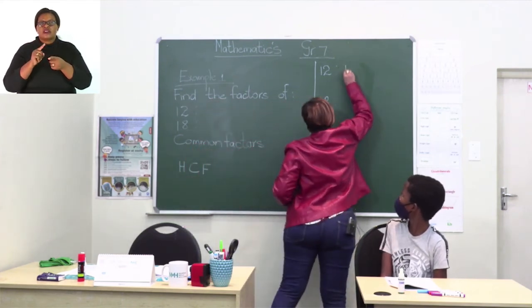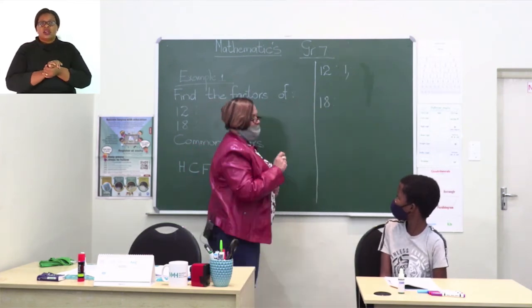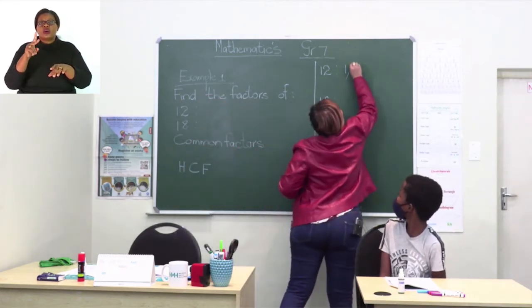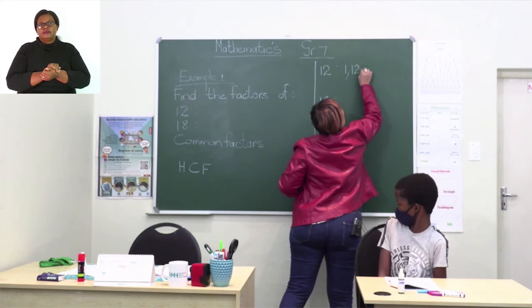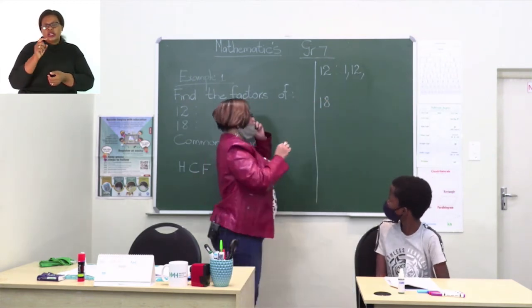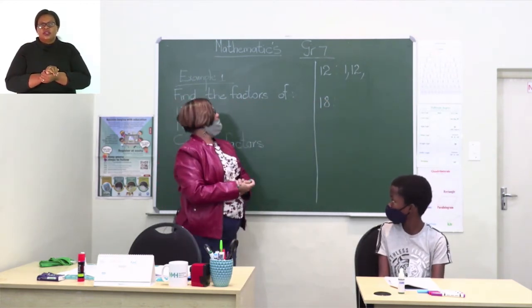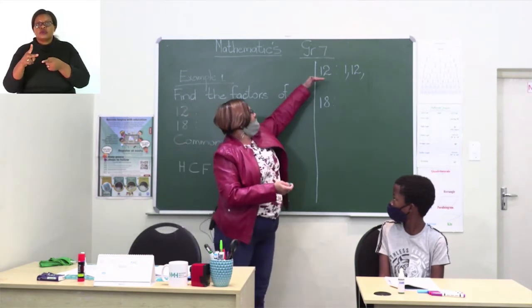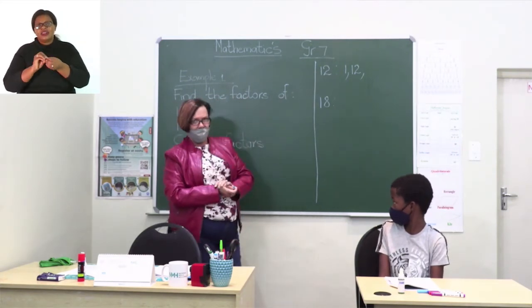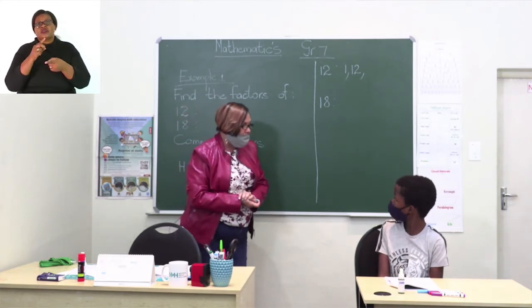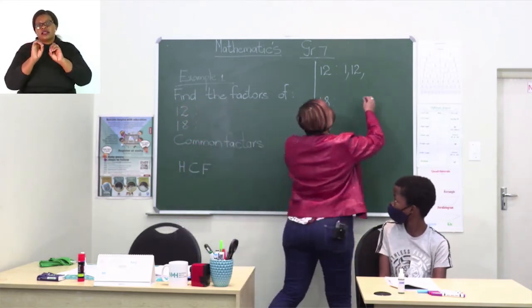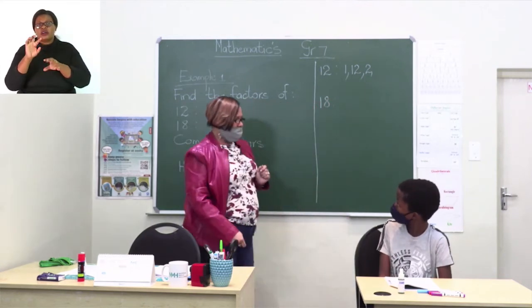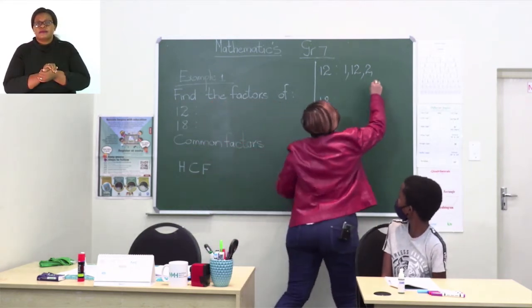He says 1. 1 divided into 12, how many times? 12 times. So 1 will be a factor of 12, and 12 will also be a factor of 12. Are there other factors of 12? Which other numbers can I divide into 12 without leaving a remainder? He says 2. 2 divided into 12, how many times? 6 times.